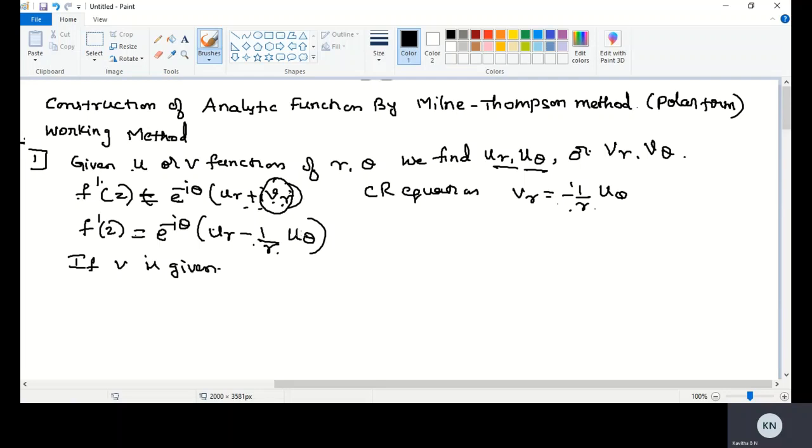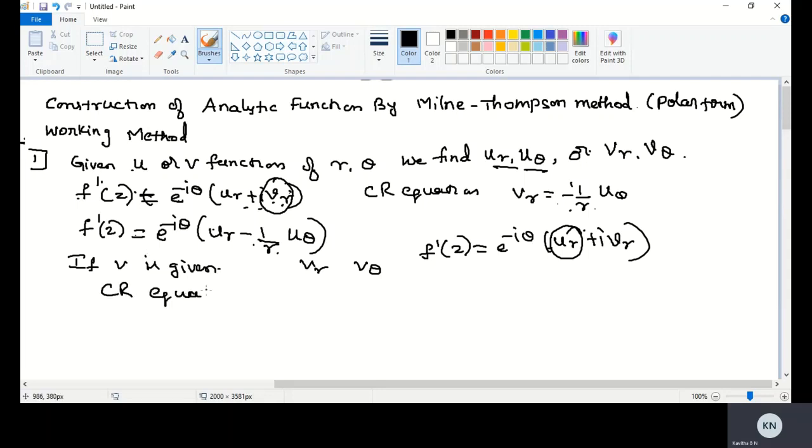then we found Vr and V theta. In this, observe here, f dash of z is e to the power of minus i theta (ur plus i Vr). We don't know the ur. Use the CR equation: ur is equal to 1 by r v theta.